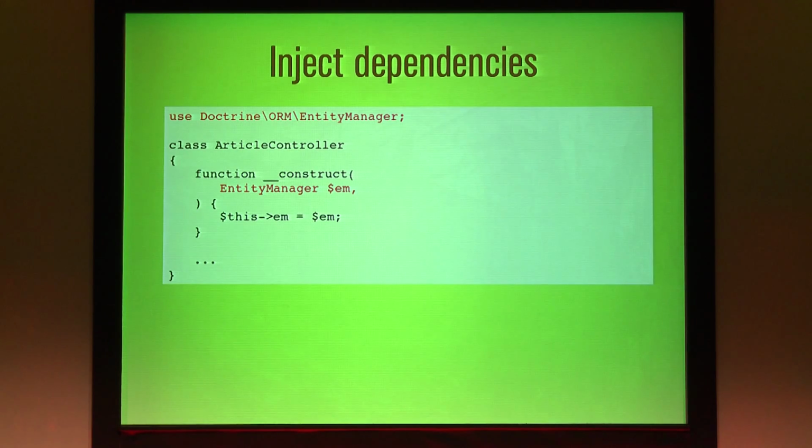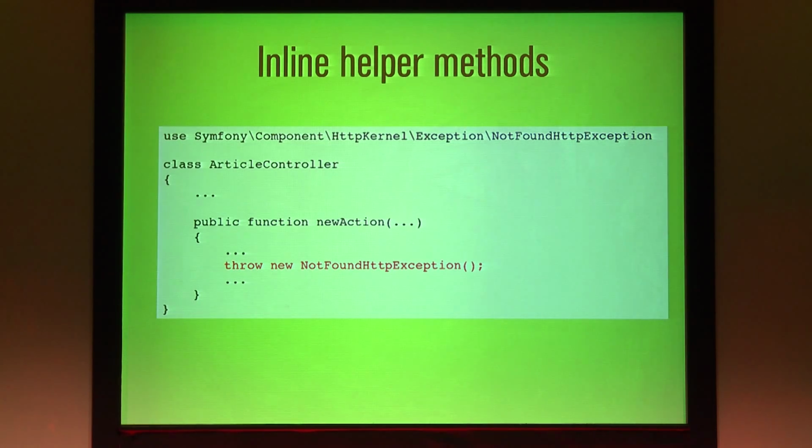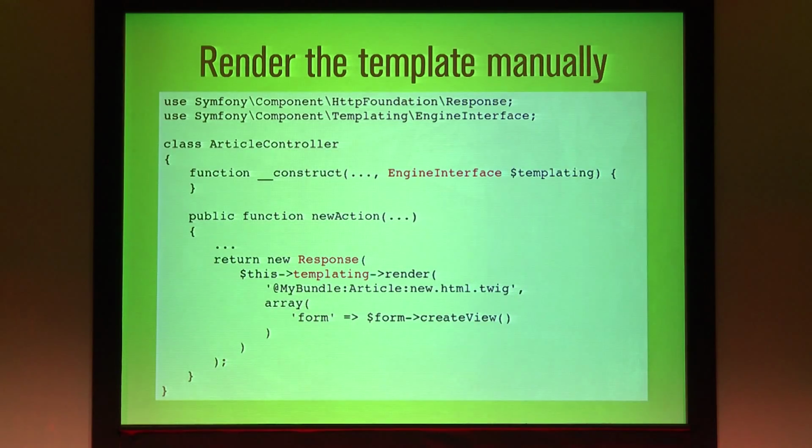We want constructor arguments like this, the entity manager. Well, that's really easy. Instead of using the helper method from the parent class, we can just as easily throw an exception on the spot. Then, to render the template manually, we will need some extra things like the templating engine, which we are going to call manually.